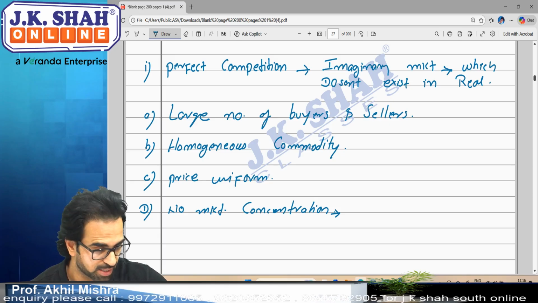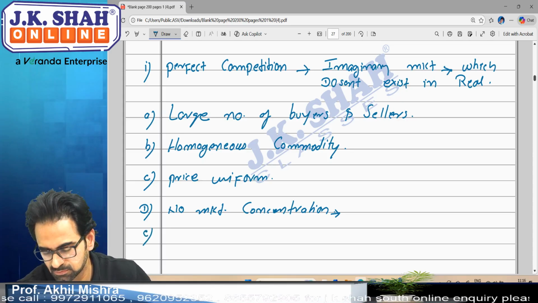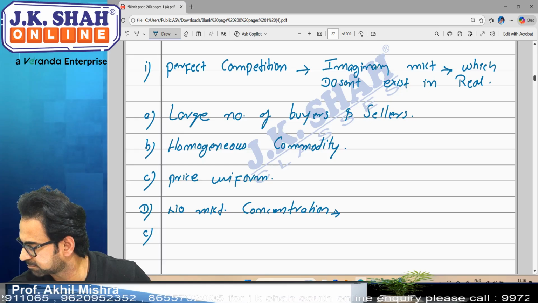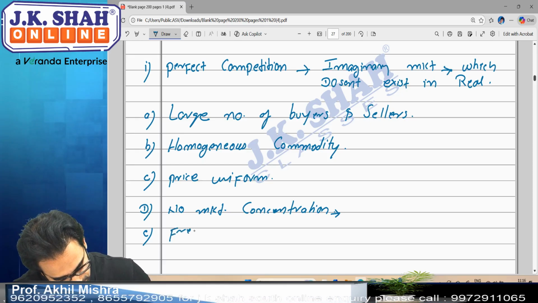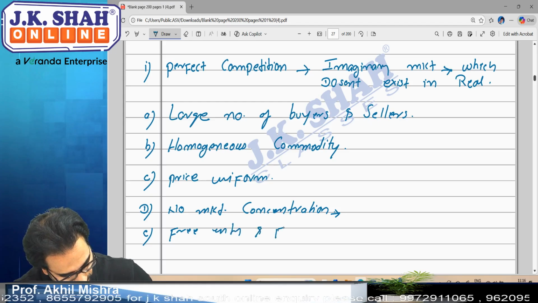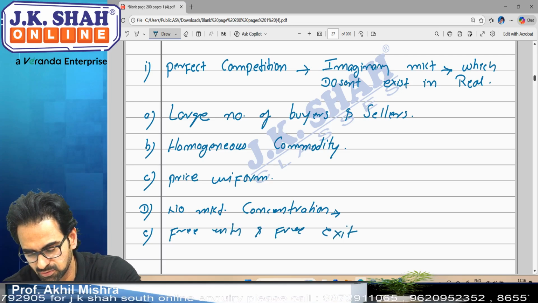So it's no market concentration. Free entry and free exit. Anytime the sellers can come and can go.